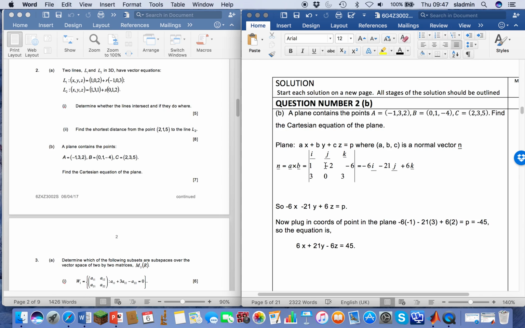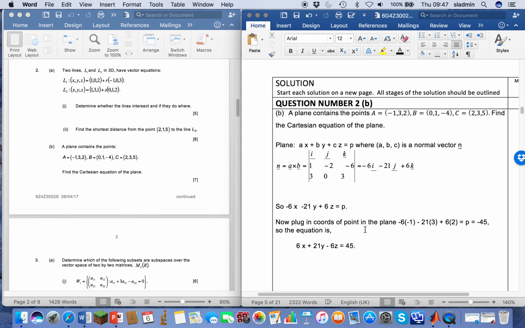So to find a normal to the plane, we simply take the cross product of these two vectors, AB and AC, and that gives us this vector. So this is a normal to the plane. These coefficients here give us the coefficients of x, y, and z of the plane. So we have minus 6x minus 2y plus 6z is equal to p.